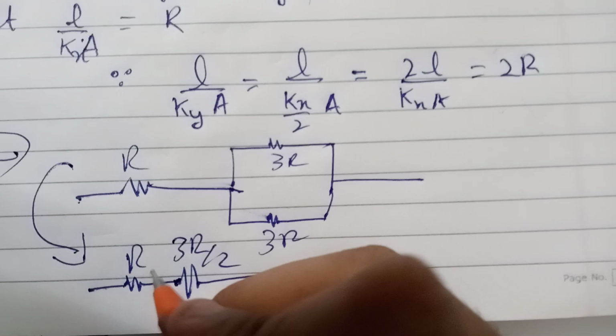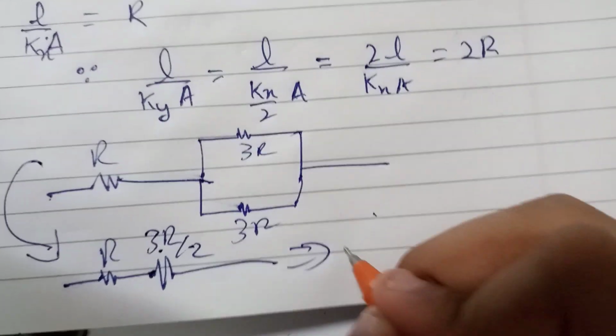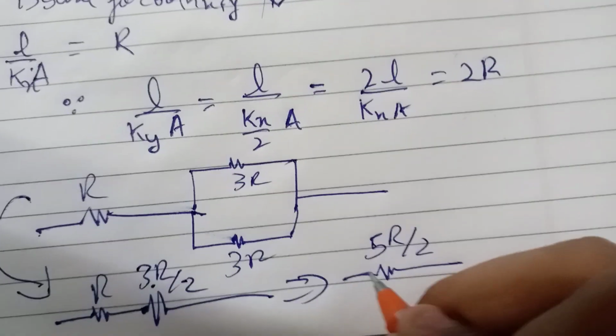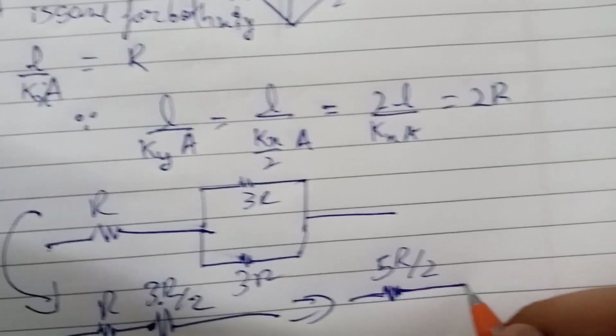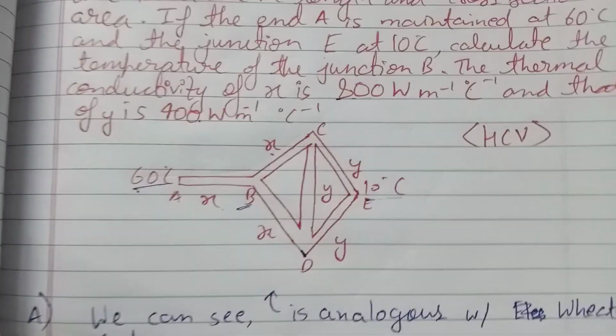Adding R, 3R by 2 plus R is equal to 5R by 2. Okay, so now we've come till here.